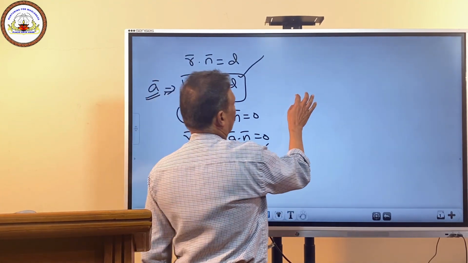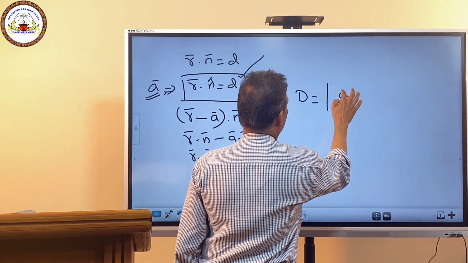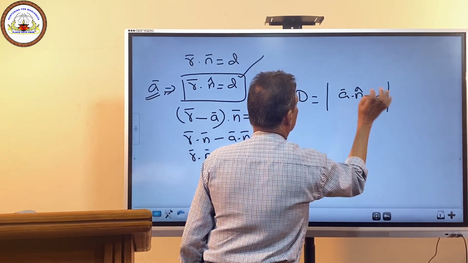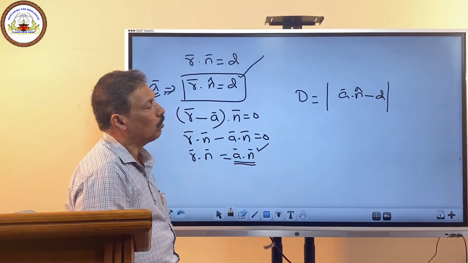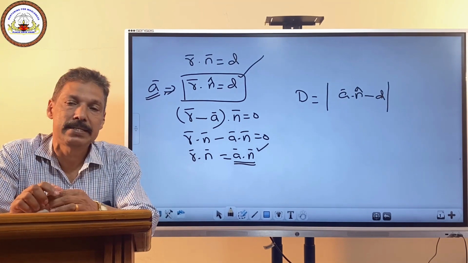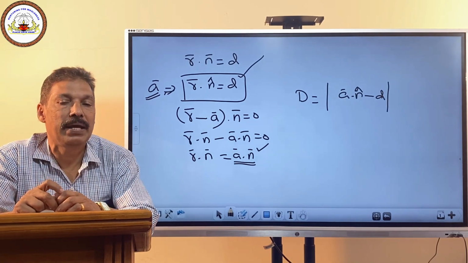That is, the difference is A bar dot N cap minus D. A bar dot N cap minus D is the perpendicular distance from A bar to our given plane.